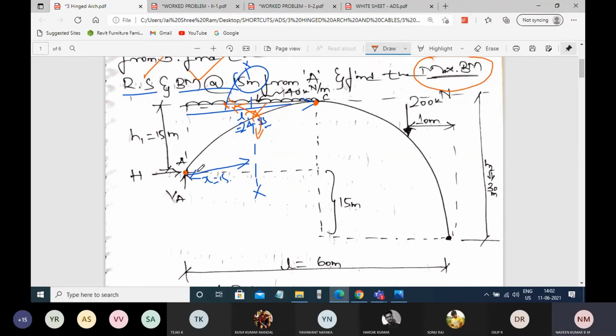So now tell me, in the AC segment, where will you get the maximum bending moment? At which section will you get the maximum bending moment?